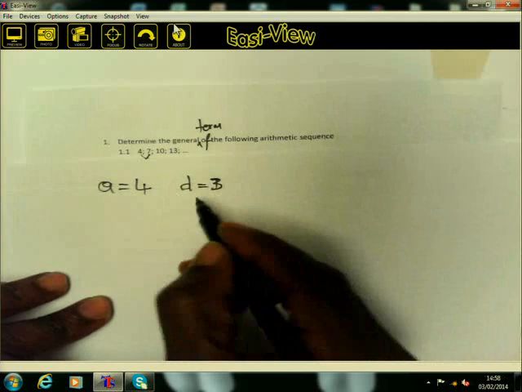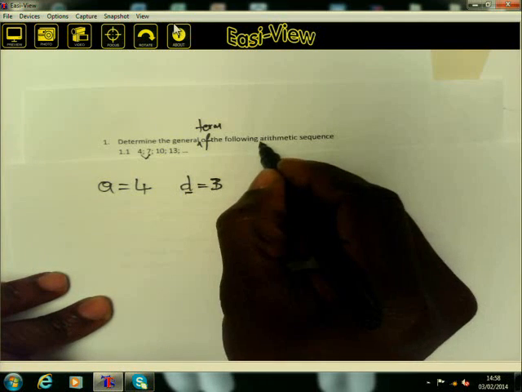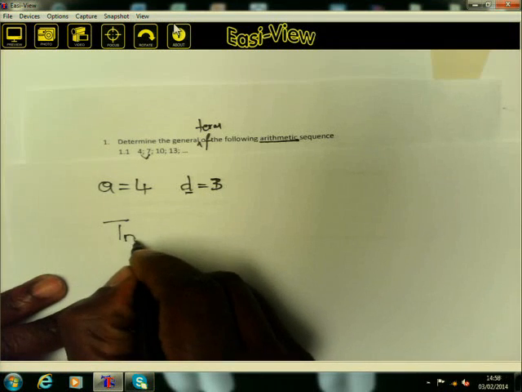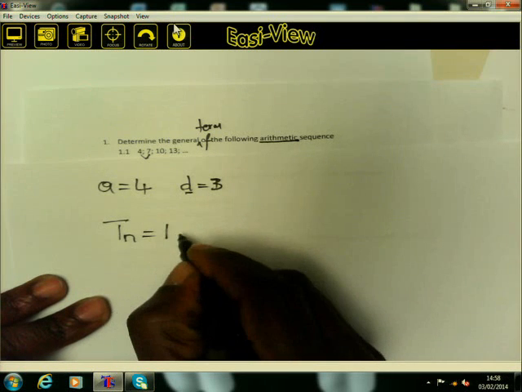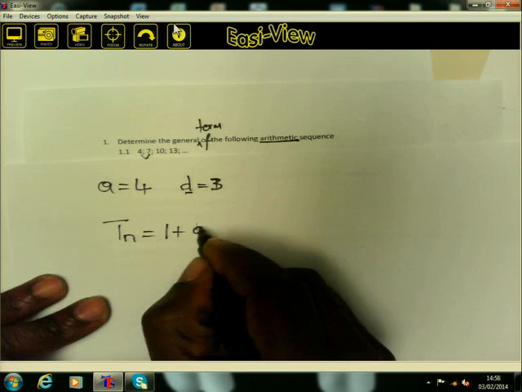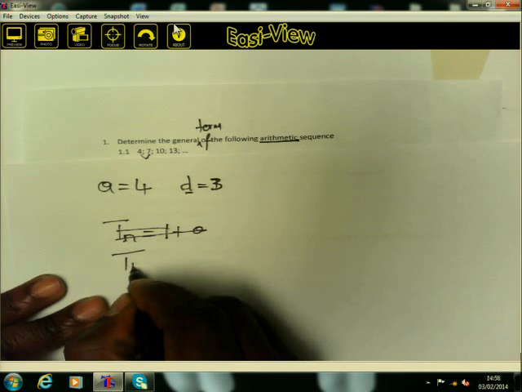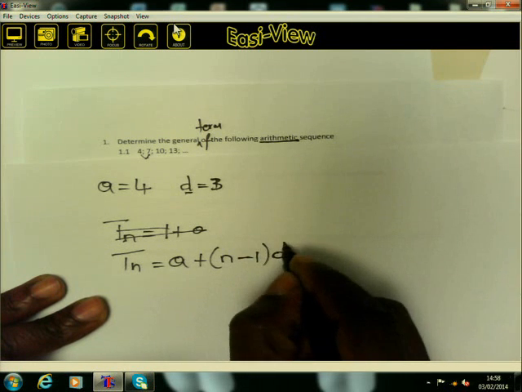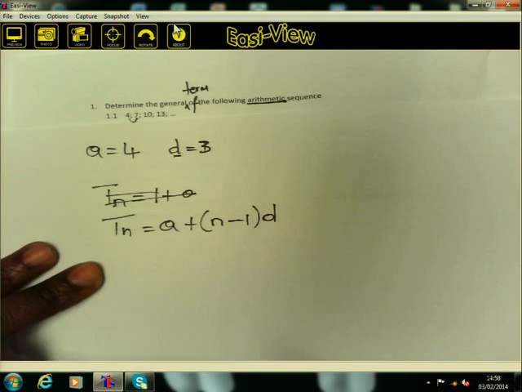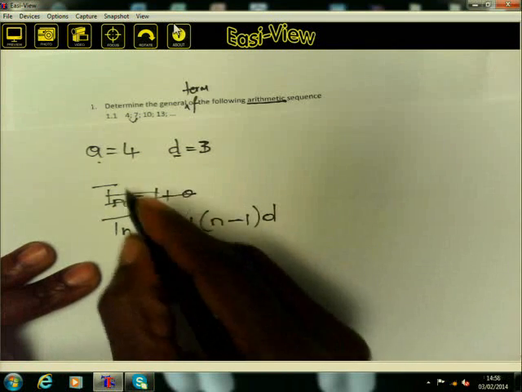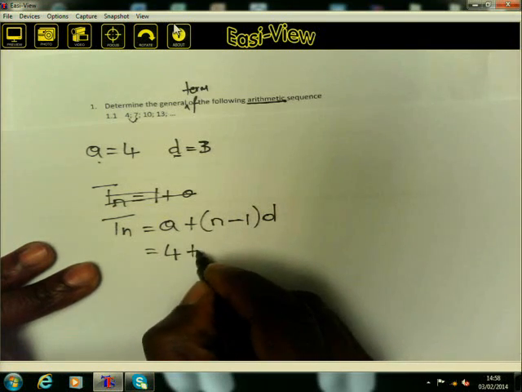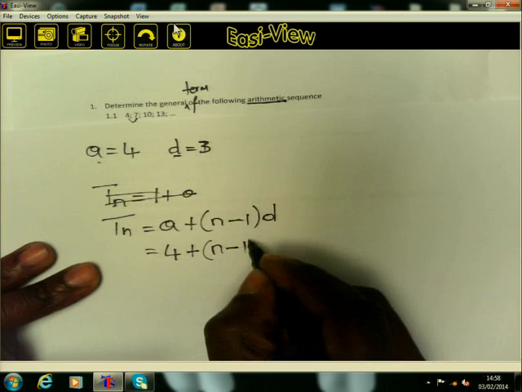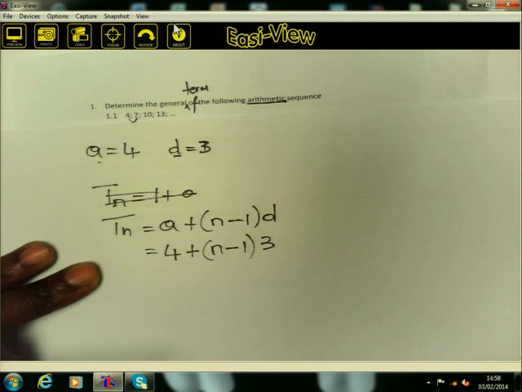So we are looking for the general term. Because of this difference, and we are also told that it is arithmetic, it means we know that Tn is equal to A plus n minus 1 multiplied by the difference. That is the formula. So we substitute. A is 4, and then n minus 1, and the difference is 3.